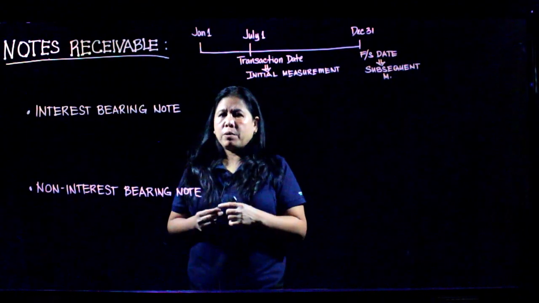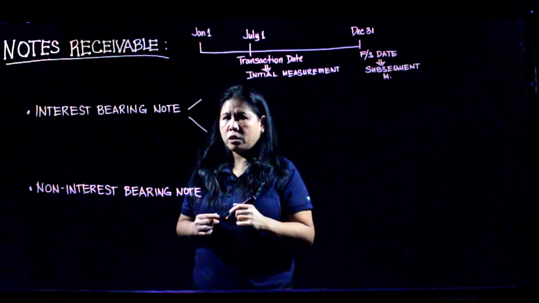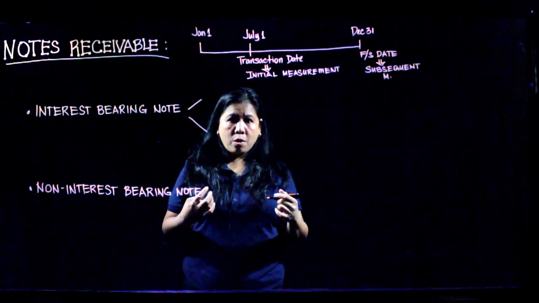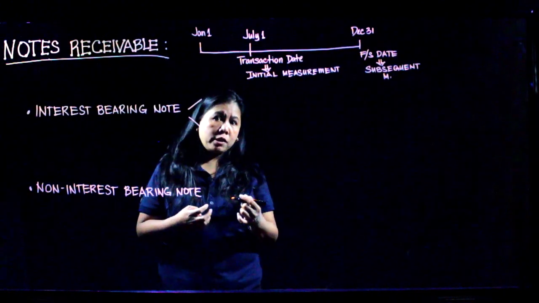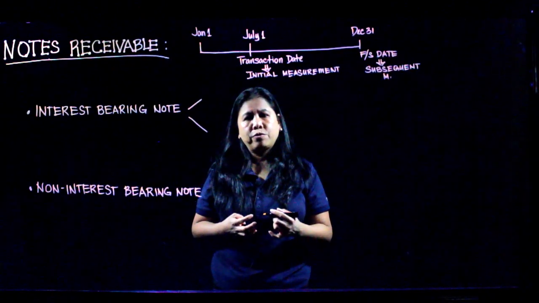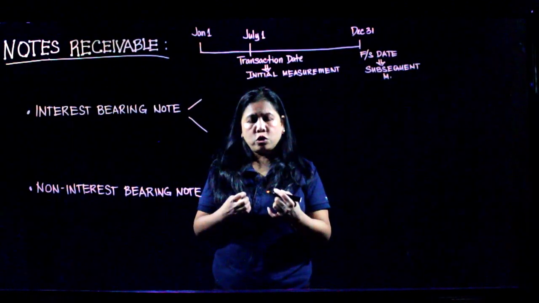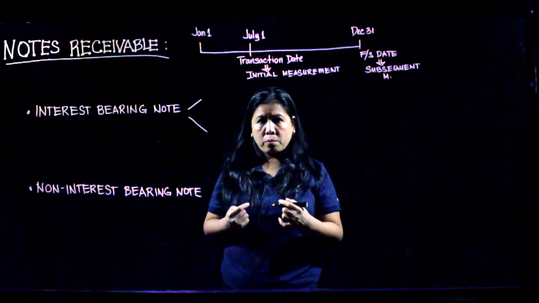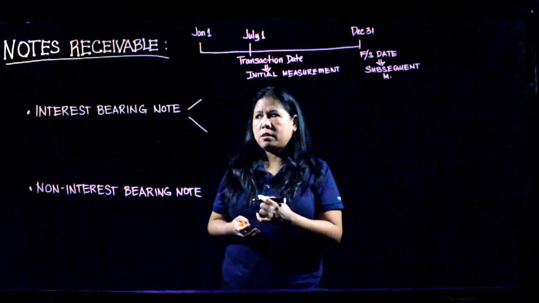On interest-bearing and non-interest-bearing notes, we also have our initial and subsequent measurement. When we first receive this promissory note from the maker, how much do we recognize on our books?